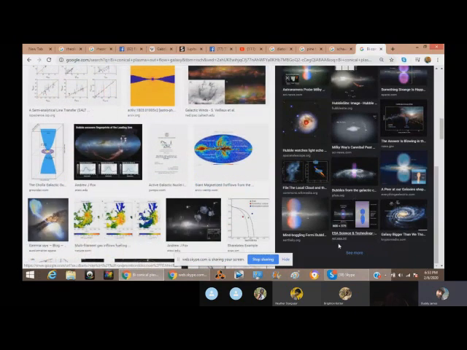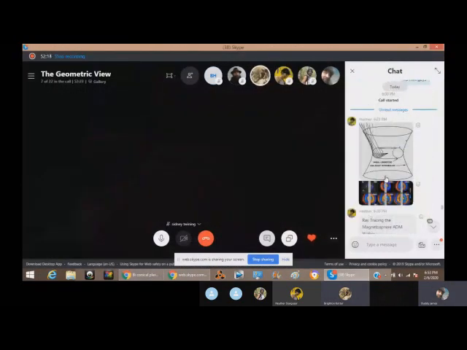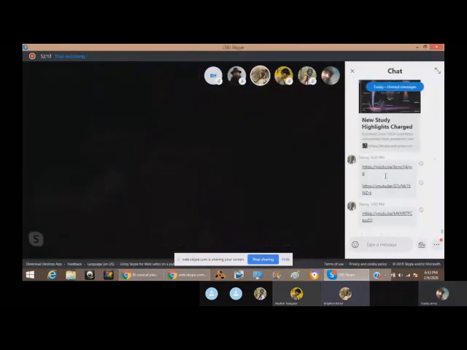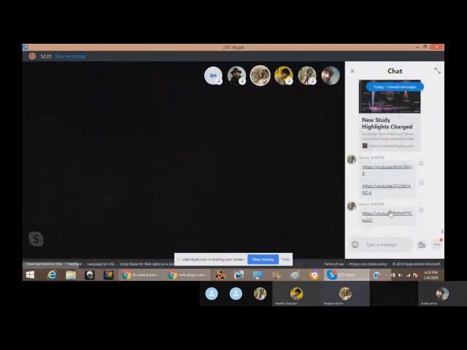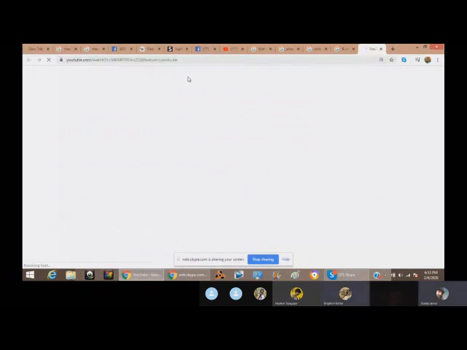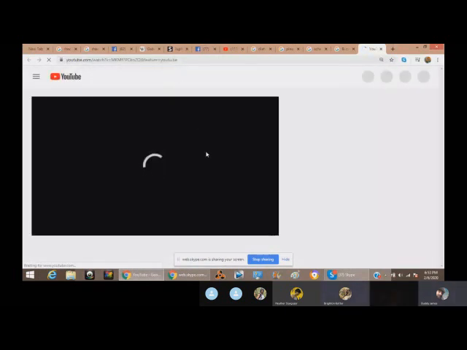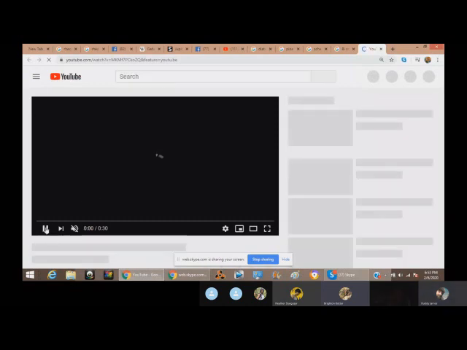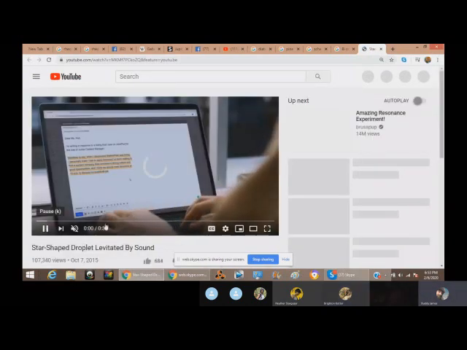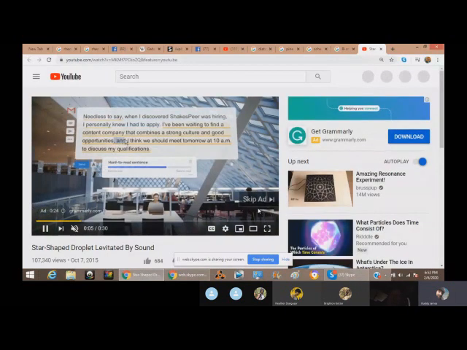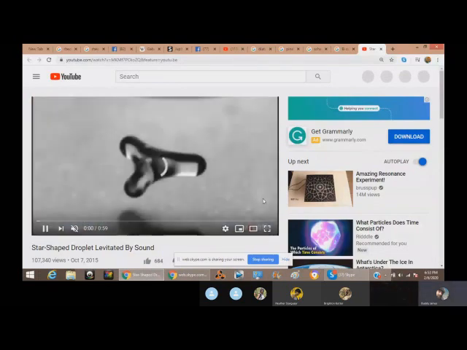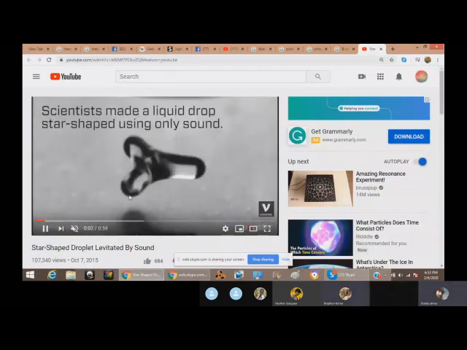Okay, I'll go to the chat here. If you take a look at water structures when they're vibrated at certain frequencies, it's the very bottom one. They start to generate a polygonal distribution of the water. Yes, polygonal. Oh, okay. Yes.